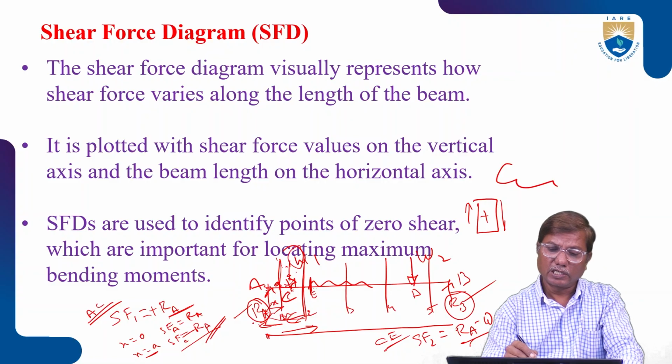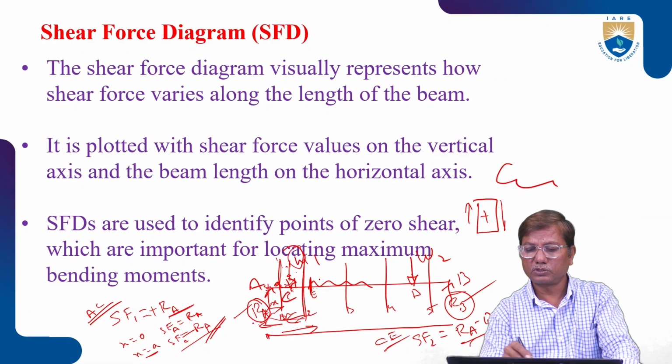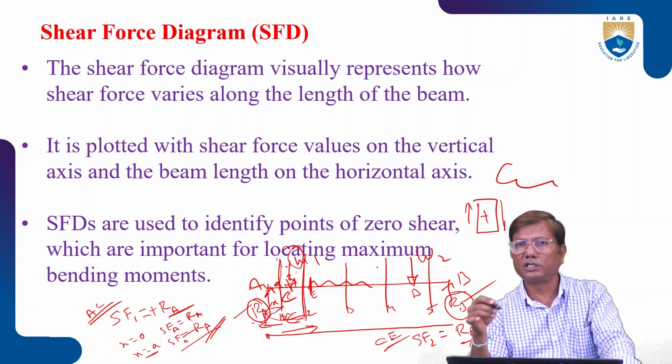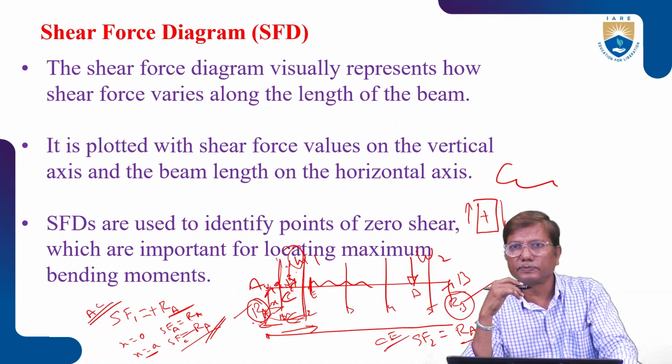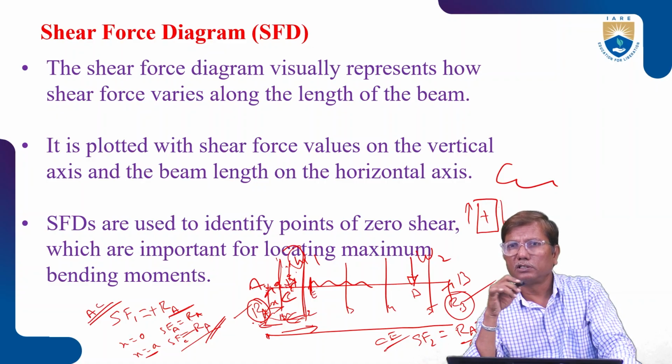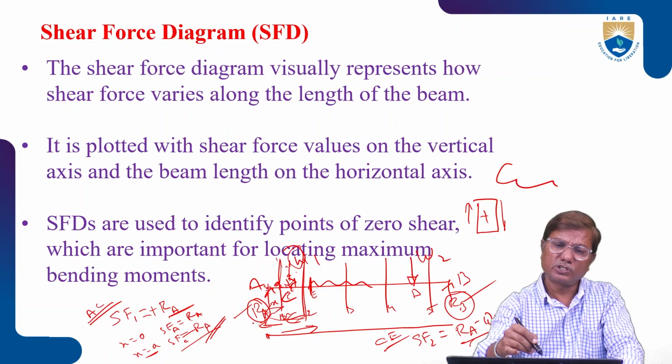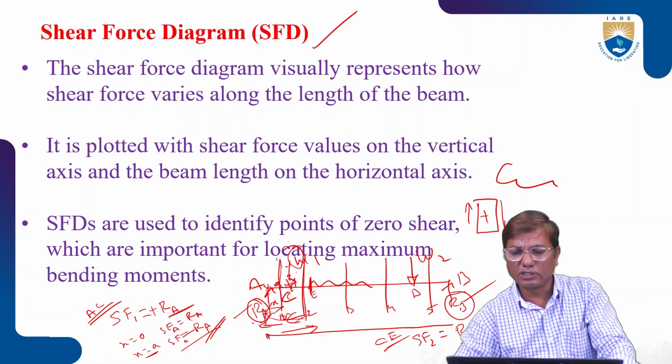So like this, we calculate the shear force values along the span of the beam at salient points, and we plot the diagram. That diagram is said to be the shear force diagram.